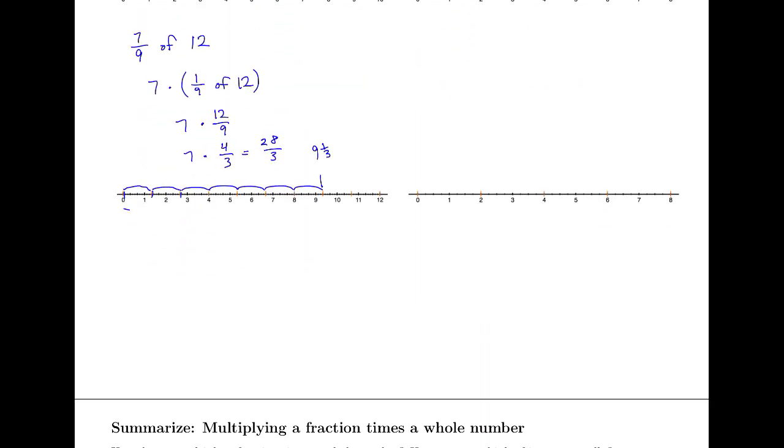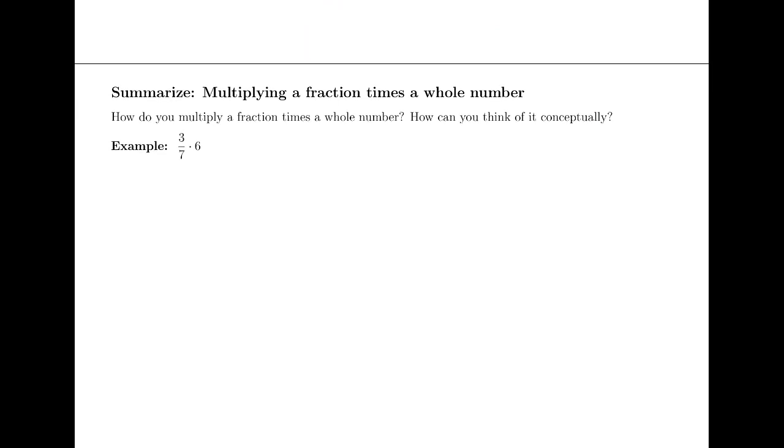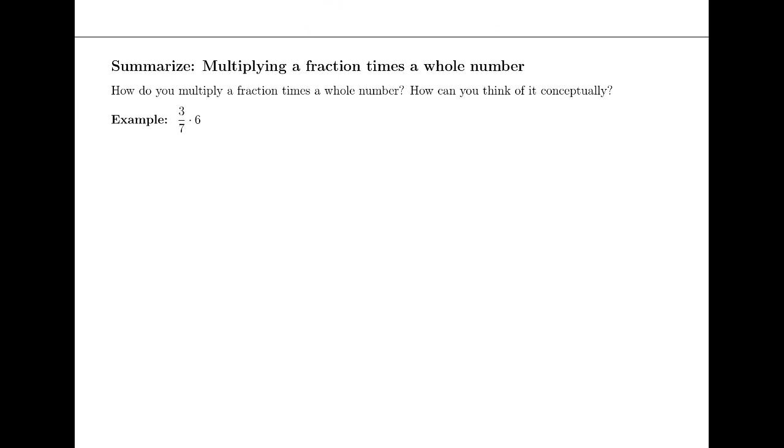And we're going to move on to summarize. How do we multiply a fraction times a whole number? Okay, so hopefully you've recognized that the way that we multiply a fraction times a whole number is we basically multiply that whole number times the numerator of the fraction.